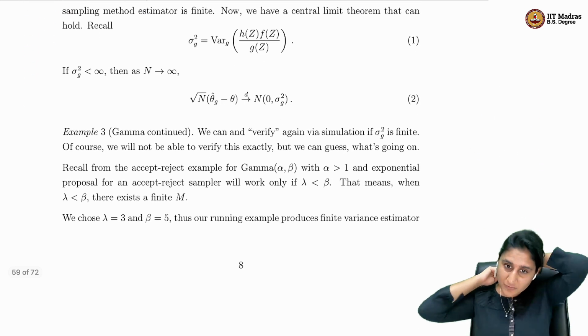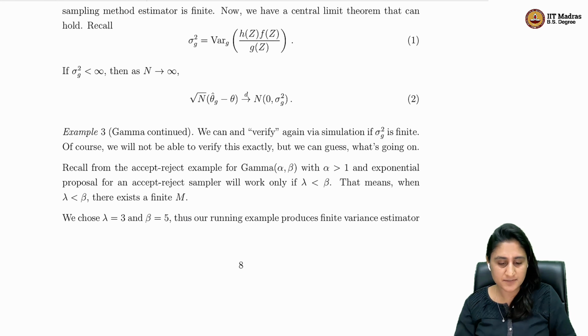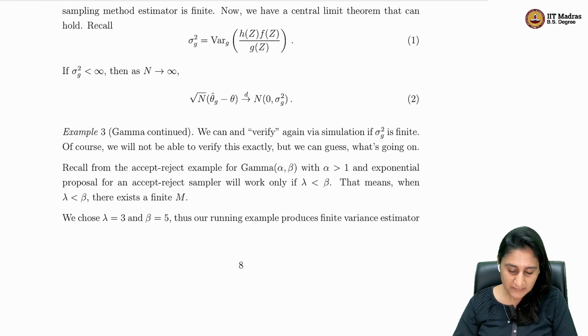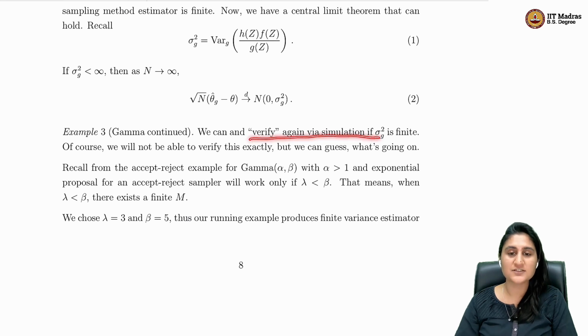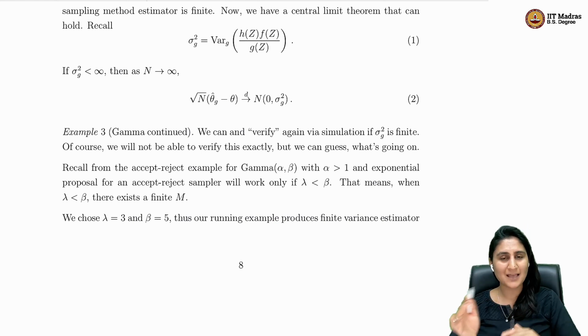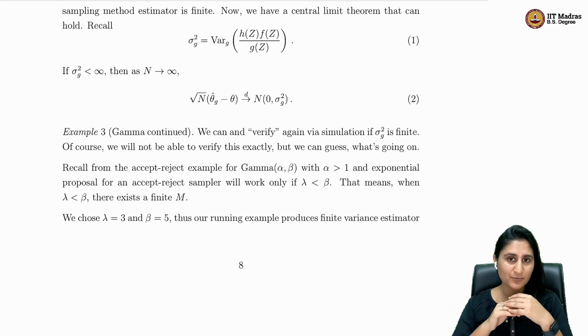Okay, let's go back to our gamma example and see what happens. We can try and verify via simulations whether sigma squared g is going to be finite or not. Now, recall that we've actually done the gamma and the exponential example when we were doing accept-reject.